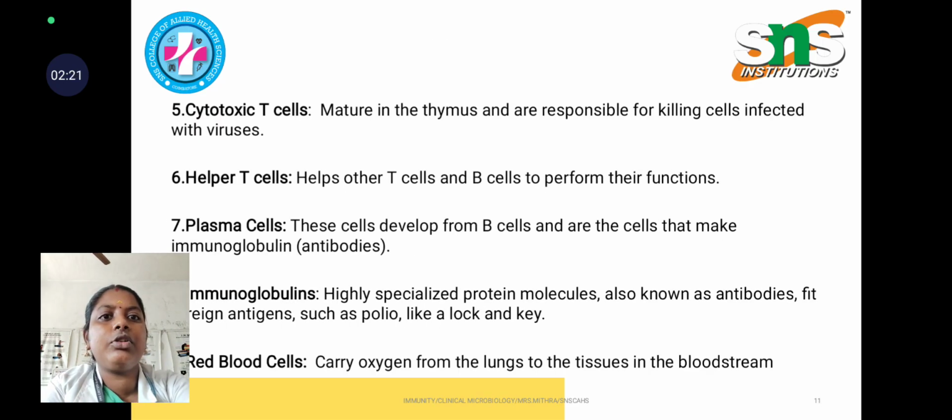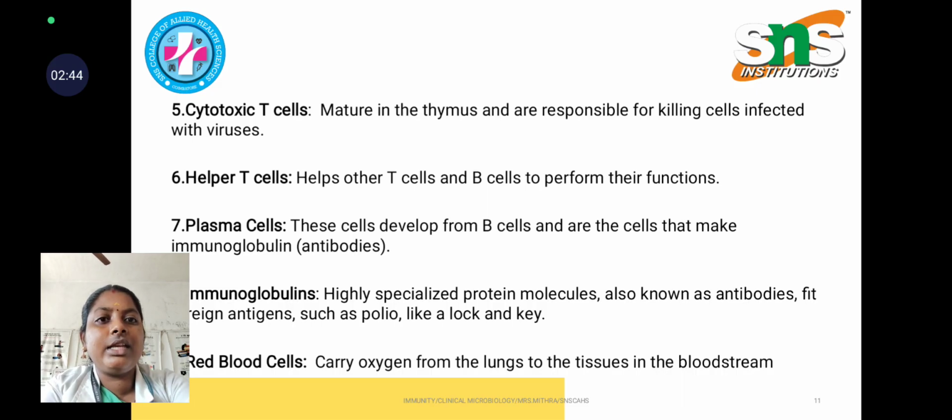Coming to the cytotoxic T cells, these T cells mature in the thymus gland, and they are mainly responsible for killing any cells infected with a virus, bacteria, or any microorganism, thus killing the antigens. And the helper T cells help the T cells and B cells to perform their function.